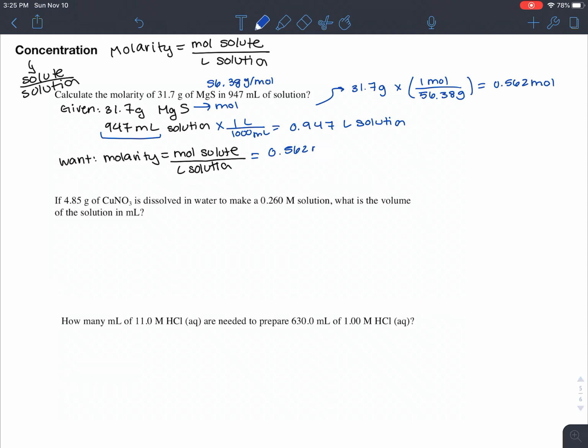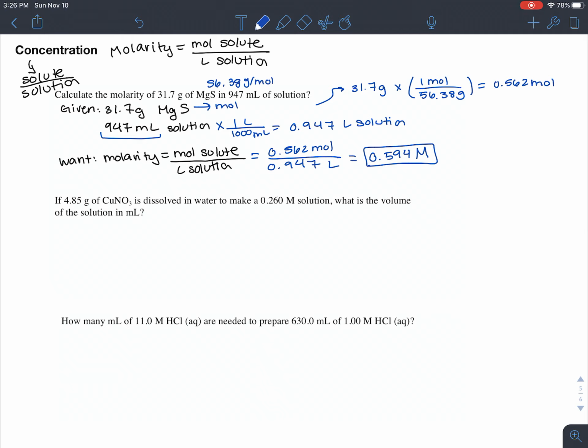Now, because you want molarity, you go back down here and plug everything in: 0.562 moles over 0.947 liters, which is 0.5937. We want 3 sig figs, so I'm going to say 0.594 M, big M for molarity.